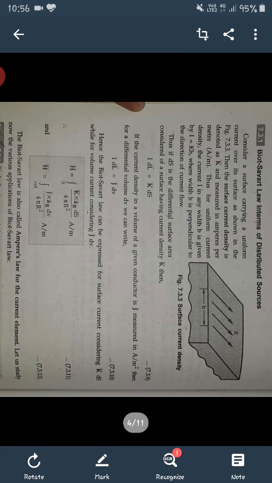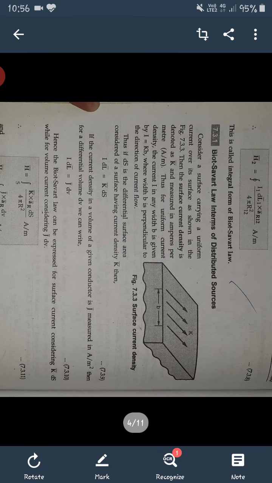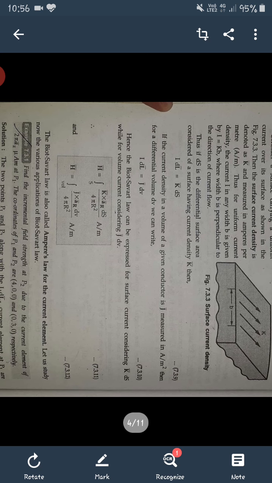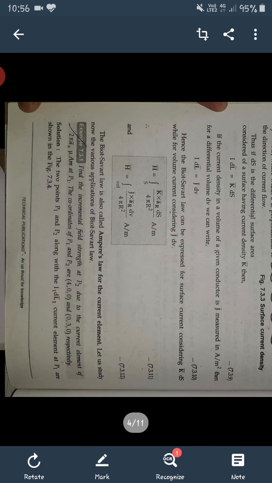So therefore we will write H2 equal to the closed integral of I1 dl1 cross aR12 by 4 pi R12 squared. Now just take one problem.